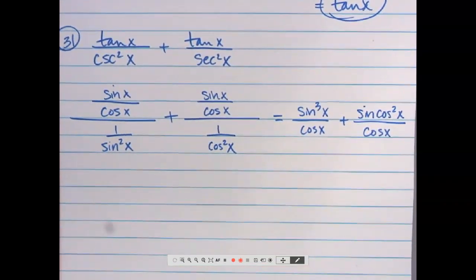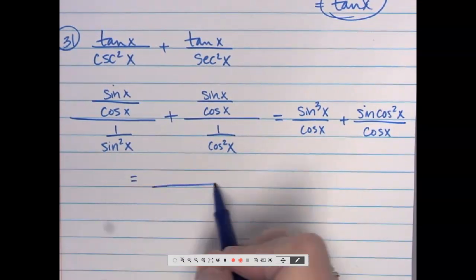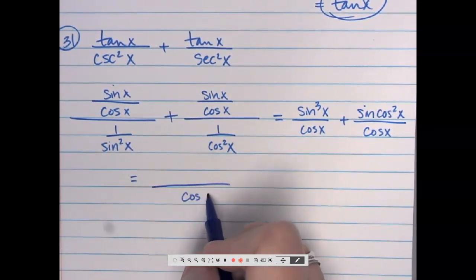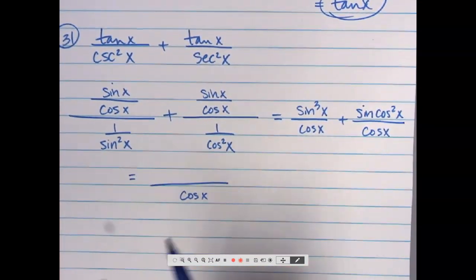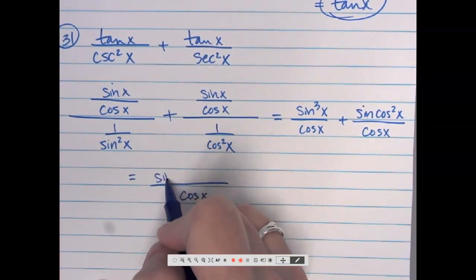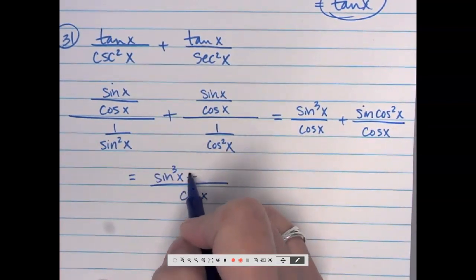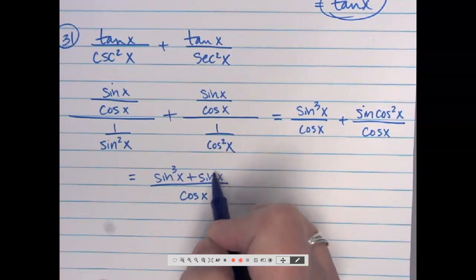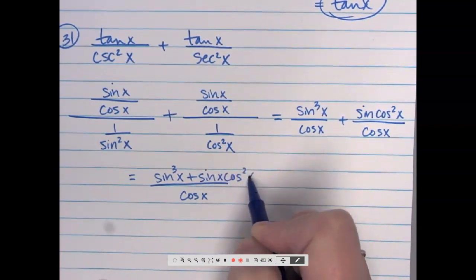Okay, well, the only good news I see so far is that we already have common denominators, so I can combine them into one fraction. That denominator will be cosine. And I'll just have sine cubed plus sine cosine squared.